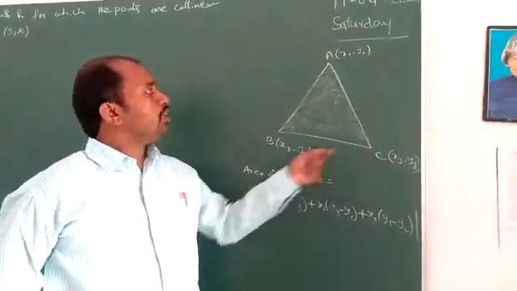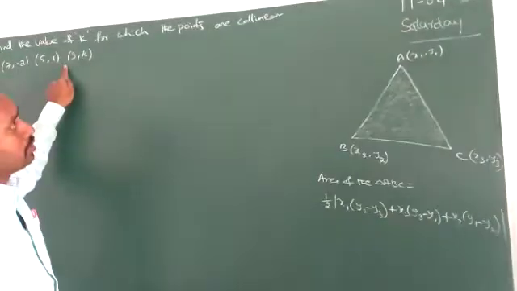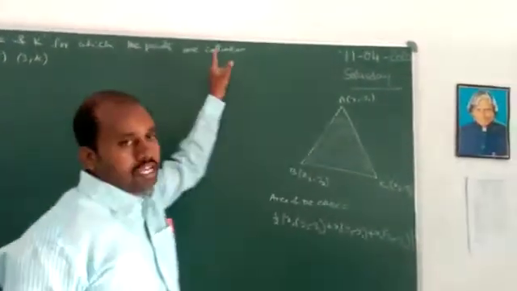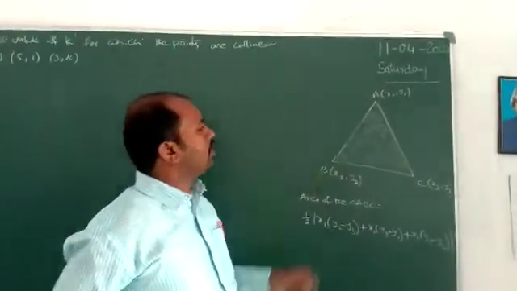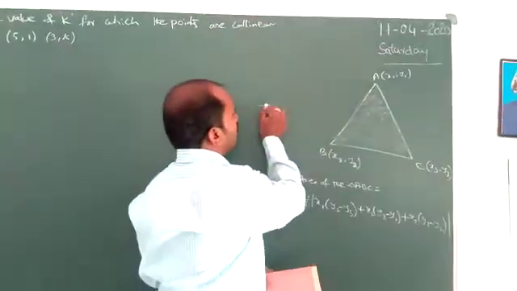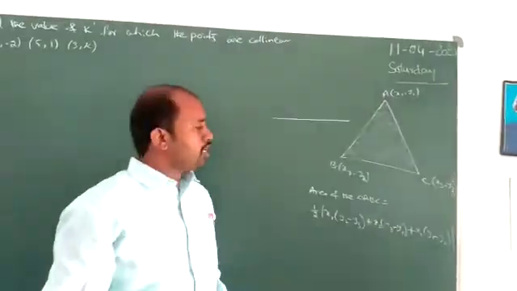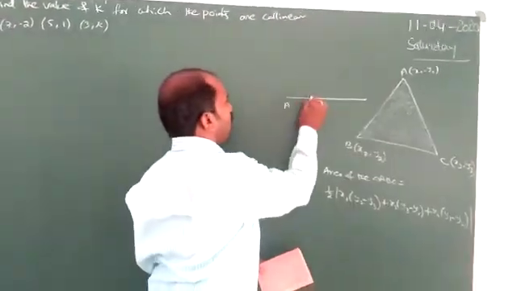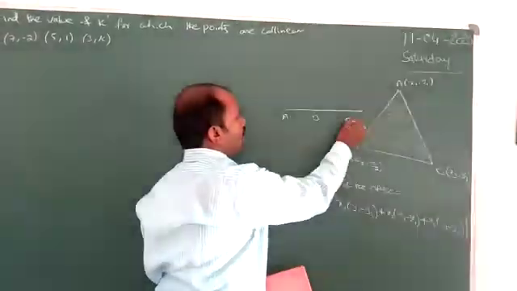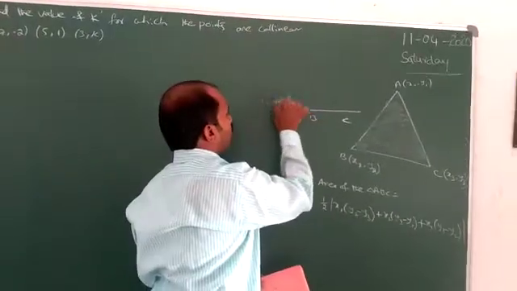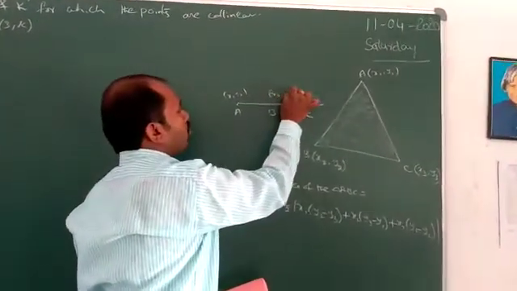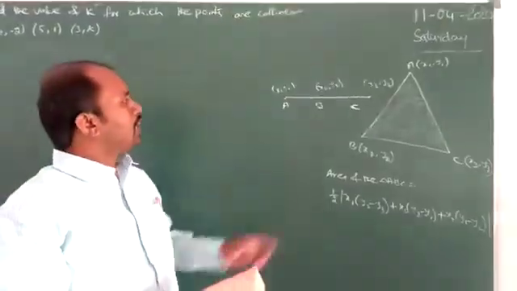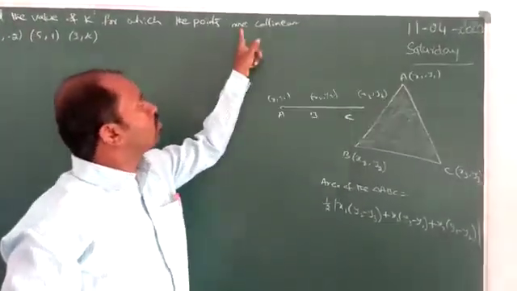Here three vertices are given. But here the vertices are in the same line, that is, collinear. One concept is there, that is collinear. Collinear means the given points are in the same line. Suppose 3 points A (x1, y1), B (x2, y2) and C (x3, y3) are in the same line, then the 3 points are called collinear.